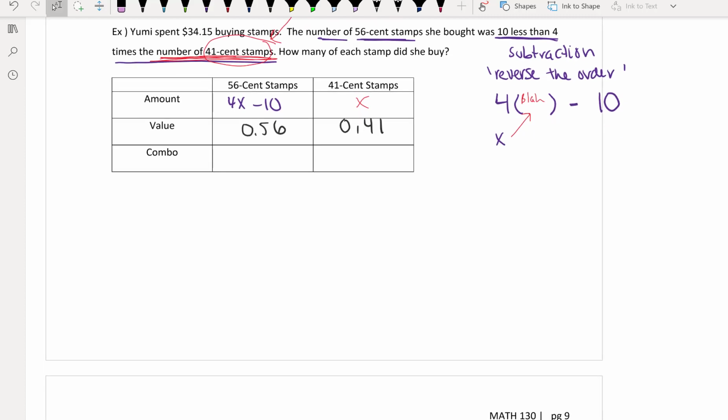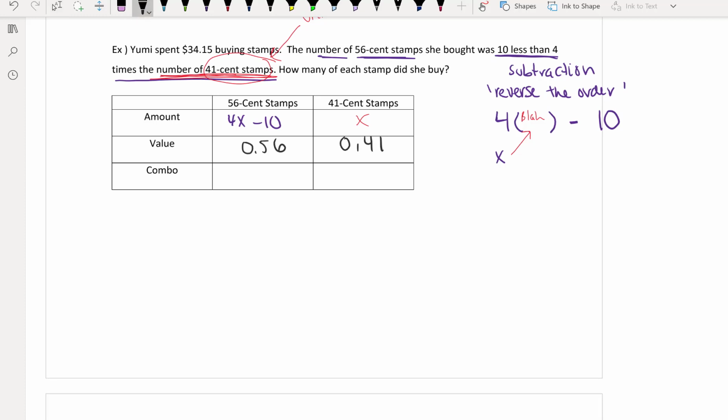Now for my combination, what I do algebraically is multiply the first two rows together. So I have 0.56 times 4x minus 10. If I multiply the last two rows together, I get 0.41 times this x. What's really nice is that your equation comes from that last row: the combo added together is equal to your total amount.